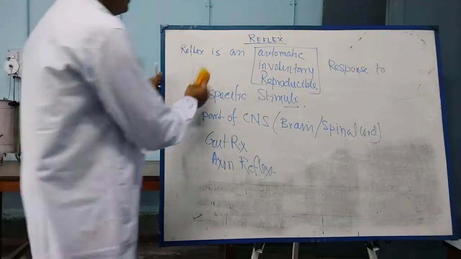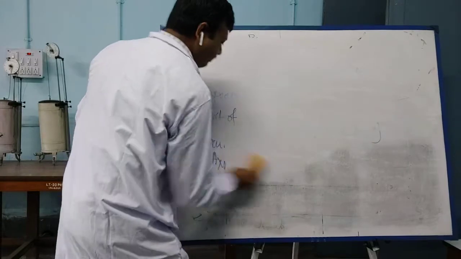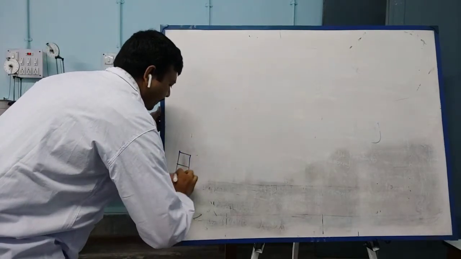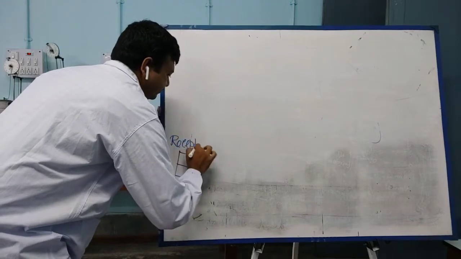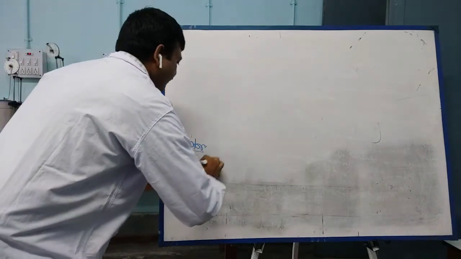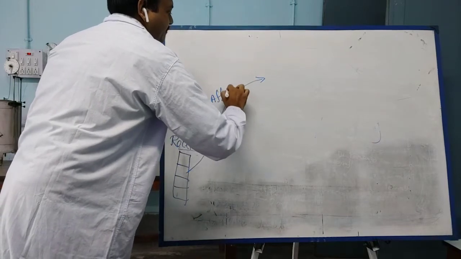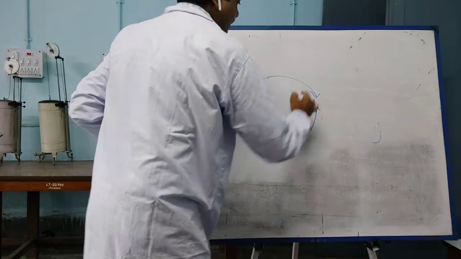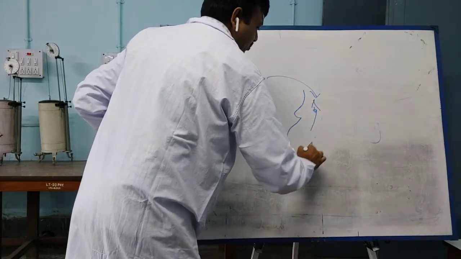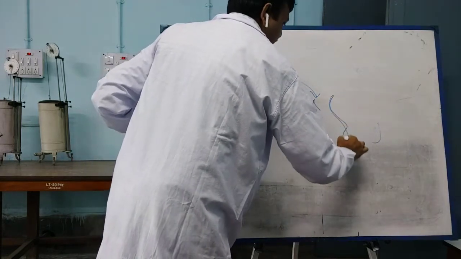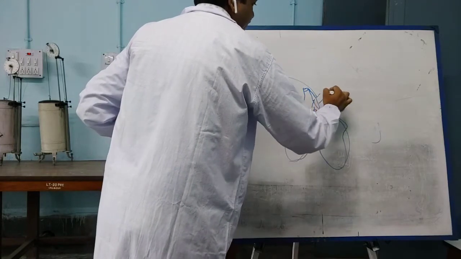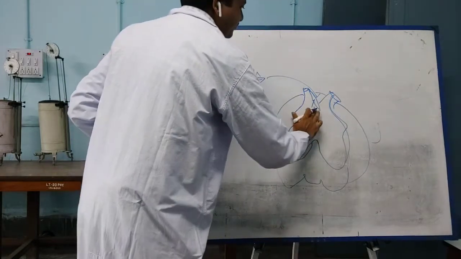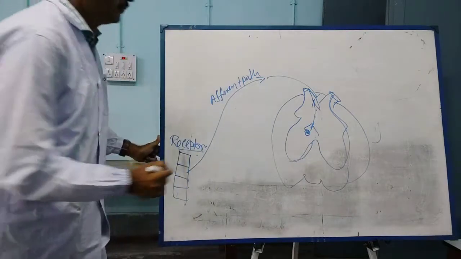Now, the reflex pathway consists of, number one, receptor, an afferent pathway, and an integrating center in the spinal cord.